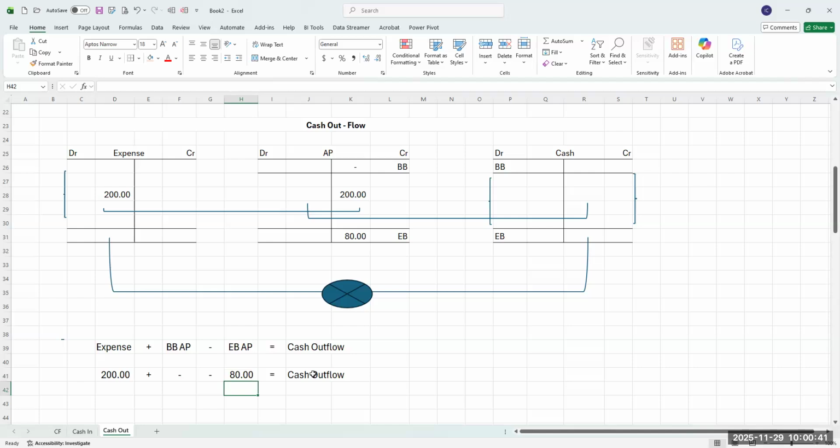So how much is my cash outflow? 200 plus 0 minus 80. I pay $120. Does that make sense? Yes, Prof. So I purchased 200, I pay only 120, and I still owe them $80.